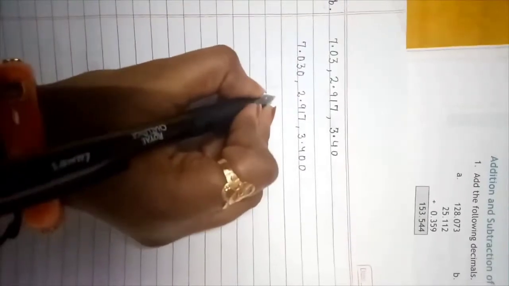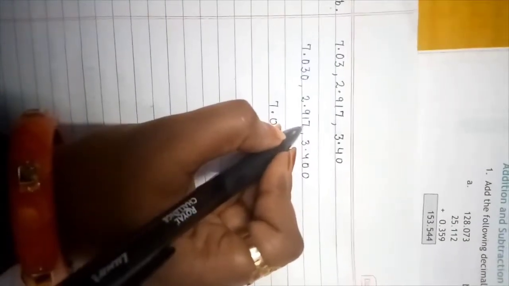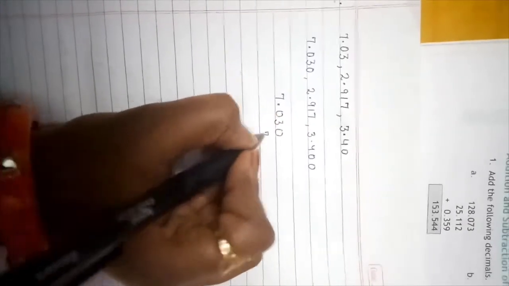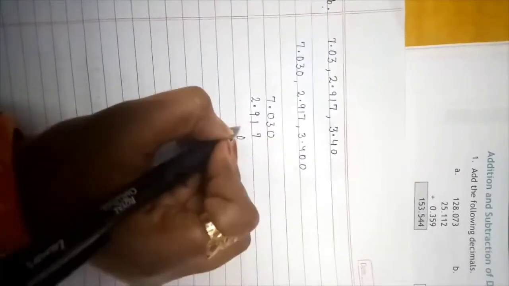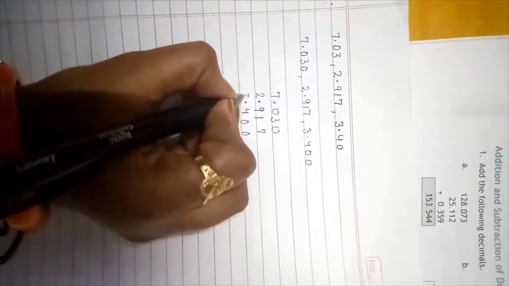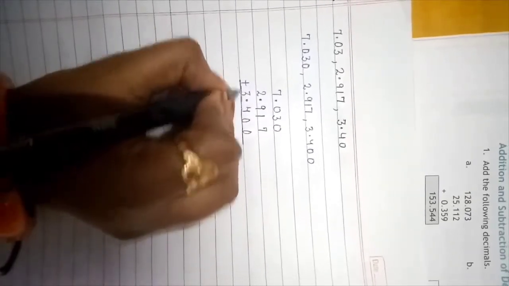We will first write this number 7.030. Now start arranging the next number from this place. 7, 1, 9.2. Then 0, 0, 4.3. Put the addition sign over here.